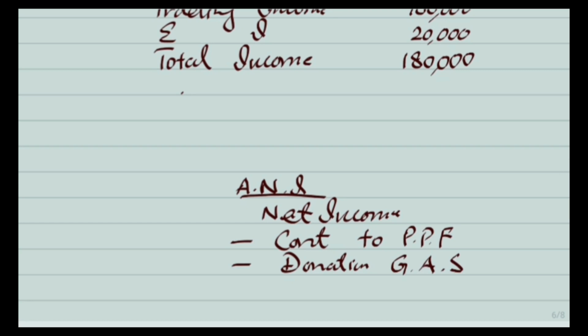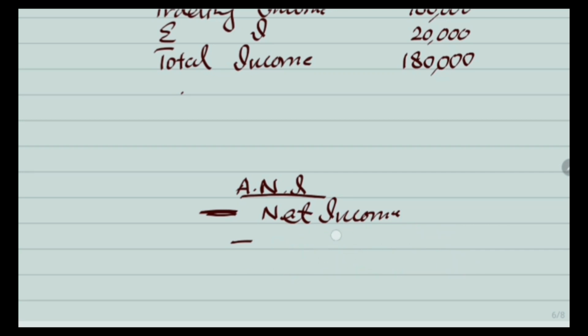So that is why the total income is equal to adjusted net income. Remember that the sequence is that first we have to deduct the relief from total income to get the net income. So there is no relief, so total income and net income are equal. Then there is no contribution to personal pension fund or gift aid scheme, so adjusted net income is equal to total income.